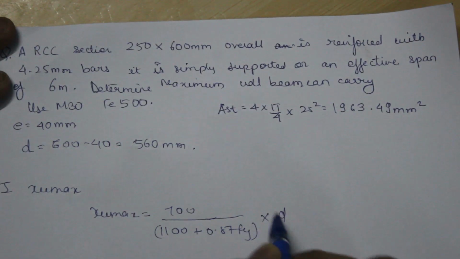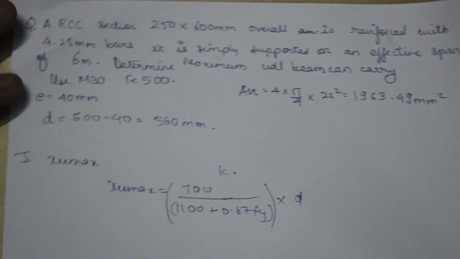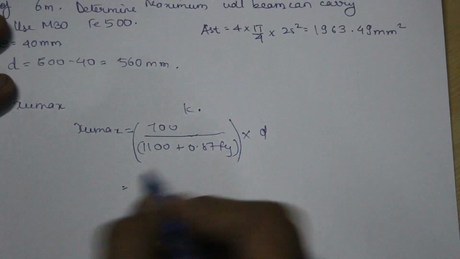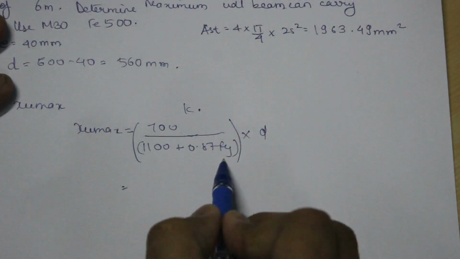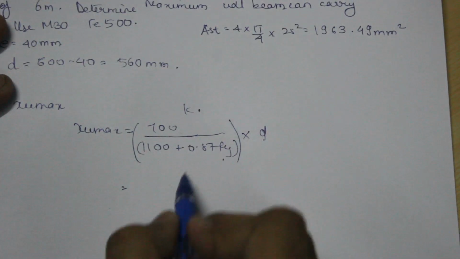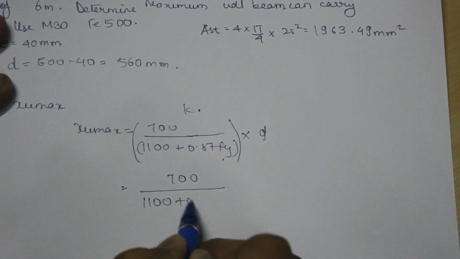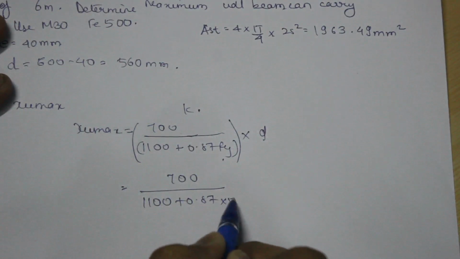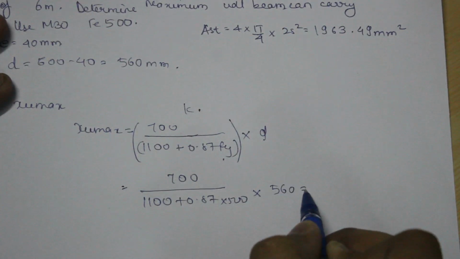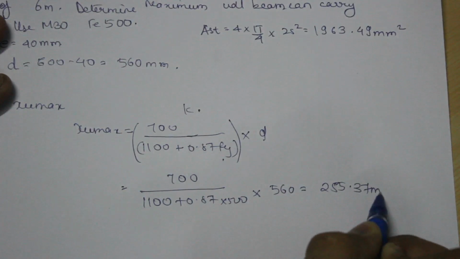multiplied by d. This here is the neutral axis depth factor, that is K or KD, whatever you want to call it. If you put all the values here, the grade of steel is Fe 500 and the depth is 560 mm, so that is 255.37 mm.